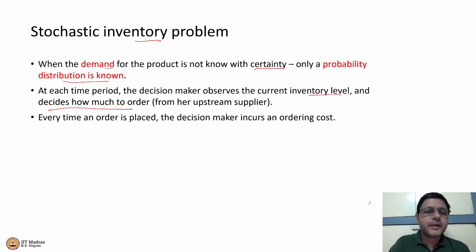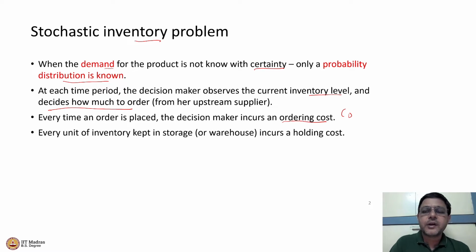Every time an order is placed, the decision maker incurs some kind of ordering cost. We have looked at C_O as our ordering cost. And that trade-off also remains exactly the same. If I place too many orders, I'm going to incur ordering cost. However, if I decide to order fewer times but increase the order quantity, then I may incur what is called the holding cost, that was my carrying cost C_C or C_H.